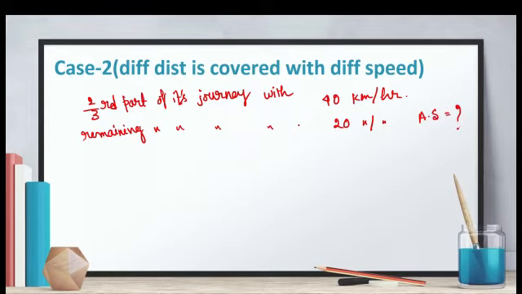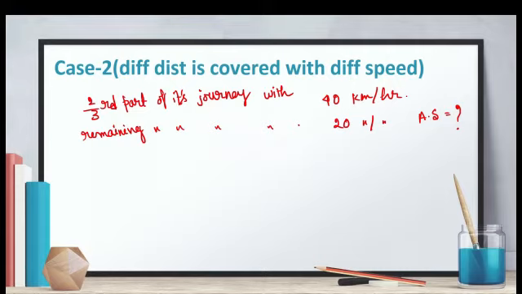So here speed is different. For the first two-third part it is 40 kilometer per hour, and for the remaining part is 20 kilometer per hour. Timing is different also.